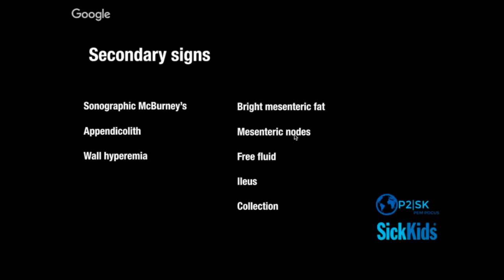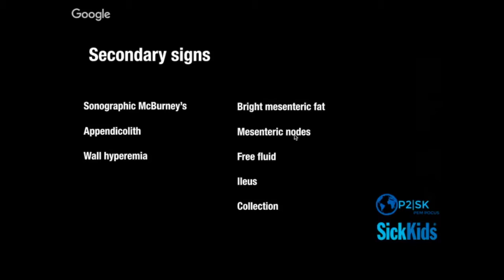So sonographic McBurney's is not, oh, I press in the right lower quadrant with the probe and the patient's tender. That's just a McBurney's. It's, I'm looking at a thing that I'm convinced is the appendix, and when I push on that thing selectively, as opposed to areas just above or below it, the patient is most tender when I'm pressing on what I think is the appendix.